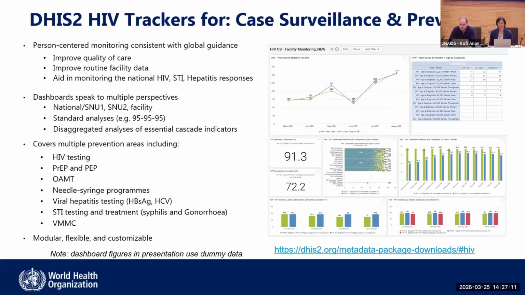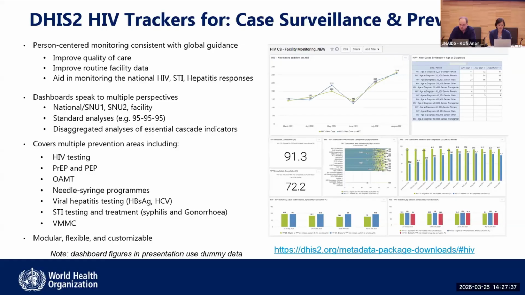One is for case surveillance, which starts once an individual is diagnosed with HIV, and the second is for HIV prevention. Both of them are consistent with our WHO guidance, and the intention is that they should improve the quality of care for individuals either receiving treatment or prevention services, to improve the routine monitoring of facility data, and to then aid in the national response.